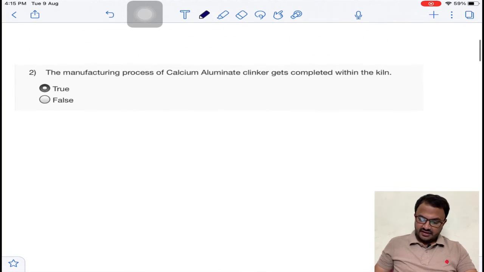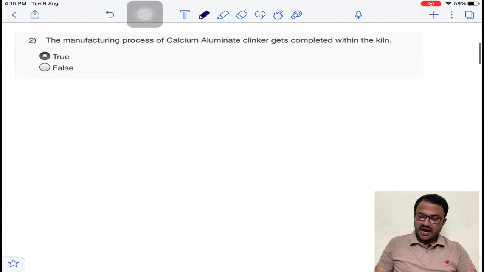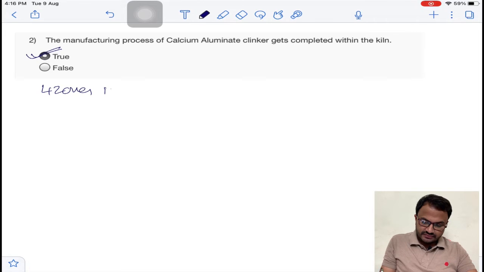Next question. The manufacturing process of calcium aluminate clinker gets completed within the kiln. Whether the given statement is true or false. Obviously, this is a true statement. If you observe, there are 4 zones in the kiln.